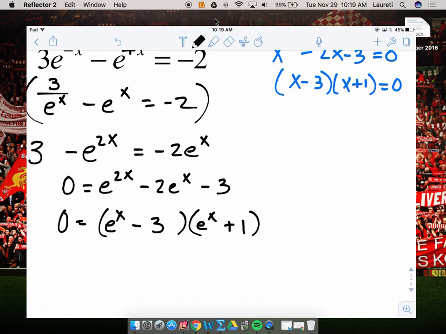Now if you multiply this through, e to the x times e to the x is e to the 2x, e to the x times 1 is e to the x, minus 3e to the x gives you that. And then obviously that gives you that.